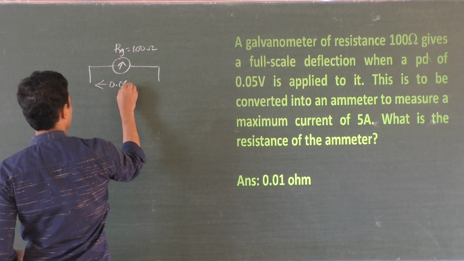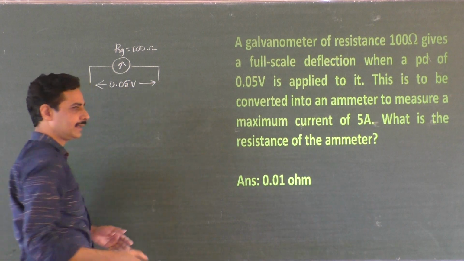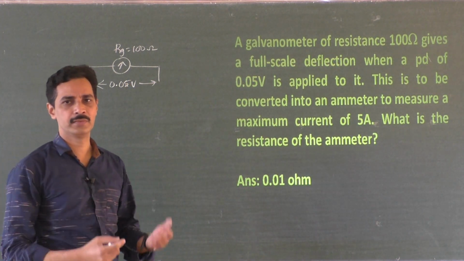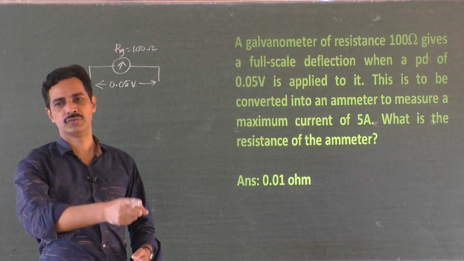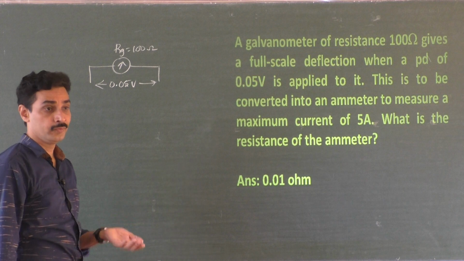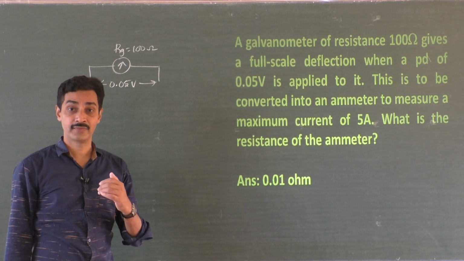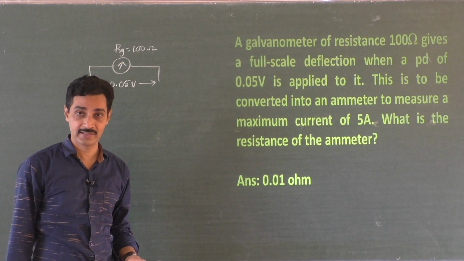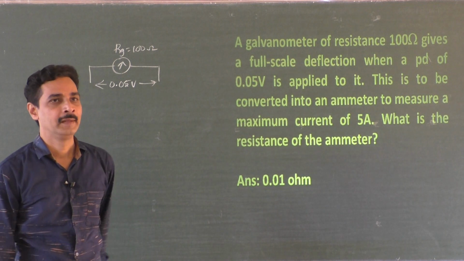It has not been converted at all. Directly apply some voltage. What is the maximum voltage needed for the galvanometer to show full scale deflection? That is 0.05 volt. Now we are interested in what is the current which will produce full scale deflection in the galvanometer, because every time we write Ig.